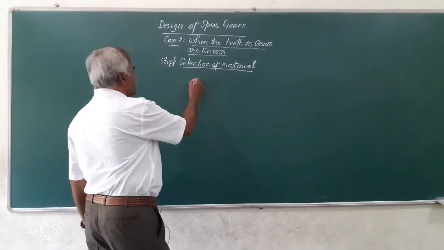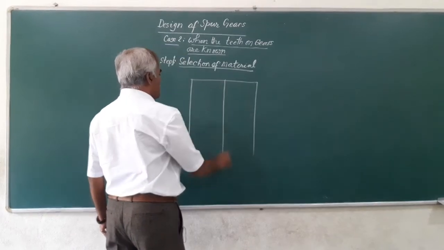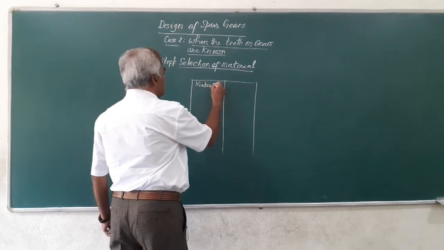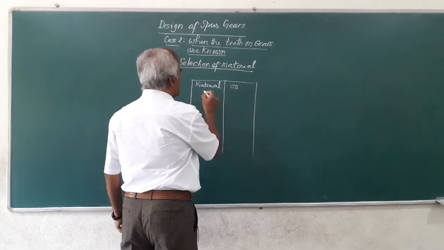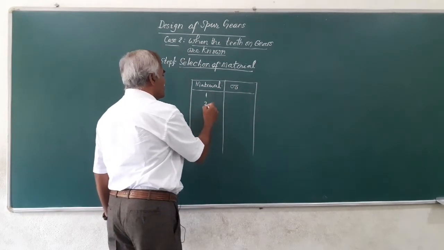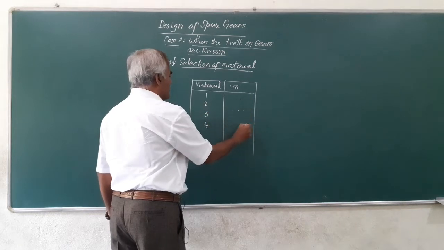That is, you will have a tabular column in which you will have the material that is being used and also the allowable static stress sigma naught. So, material number 1, 2, 3, 4 etc. they will have different values of sigma naught.